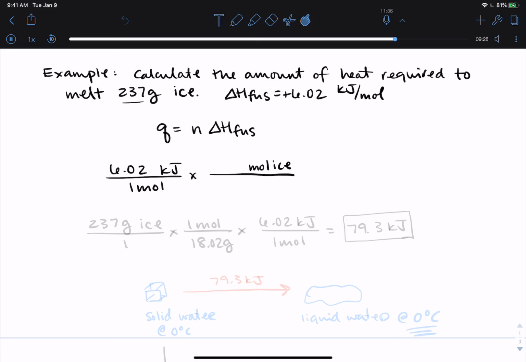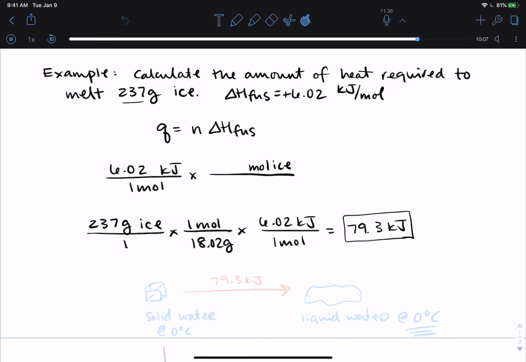So we could say 237 grams of ice, which is just solid water, times 1 mole is 18.02 grams. That would put us in moles of ice, times 6.02 kilojoules for every 1 mole equals, that should be 79.3 kilojoules of heat that we have to put in.